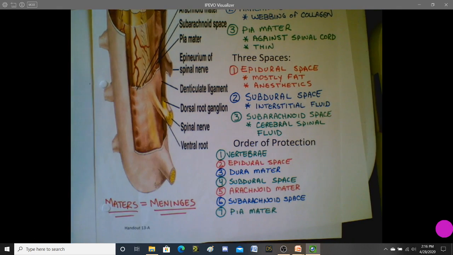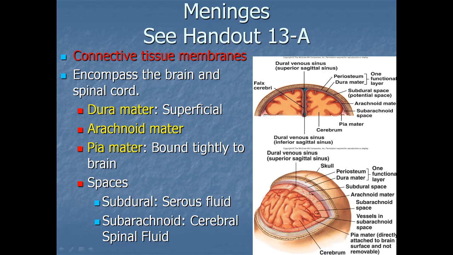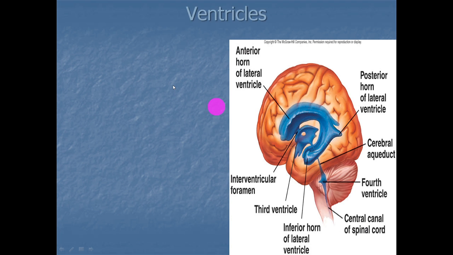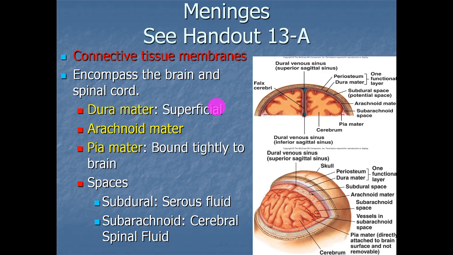So this is all just protection, right? We are protecting the brain with these meninges. It's sort of like an airbag, well, full of fluid, but a bag to protect the brain from trauma.